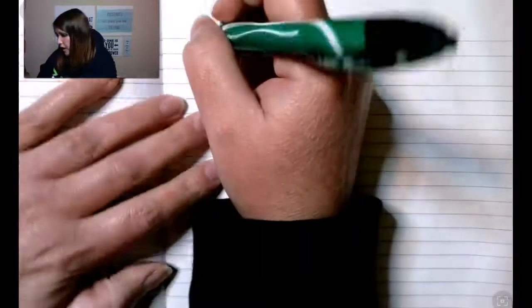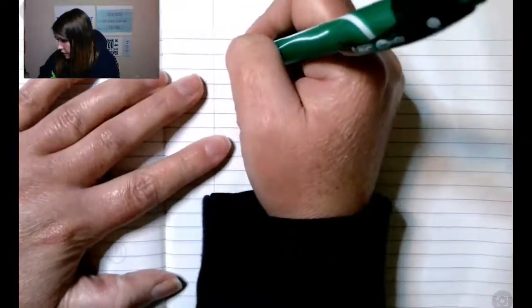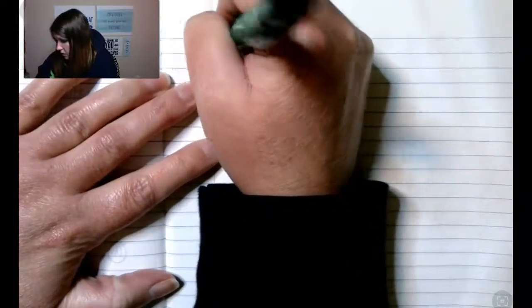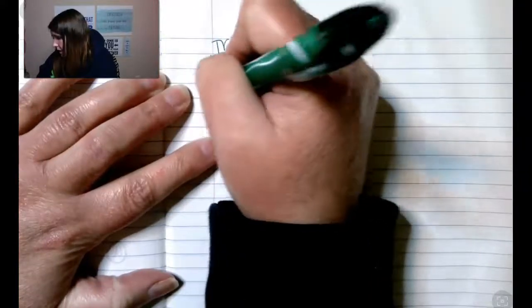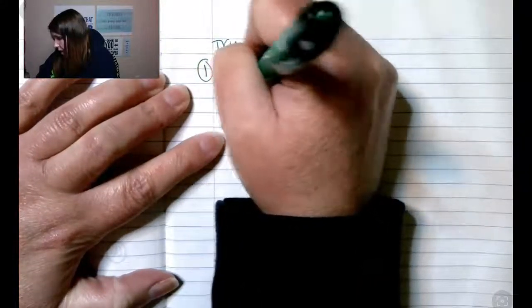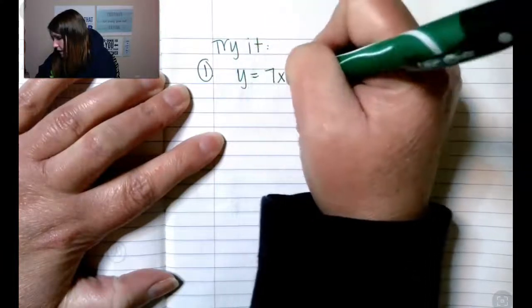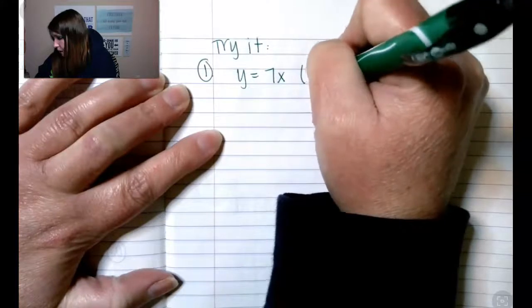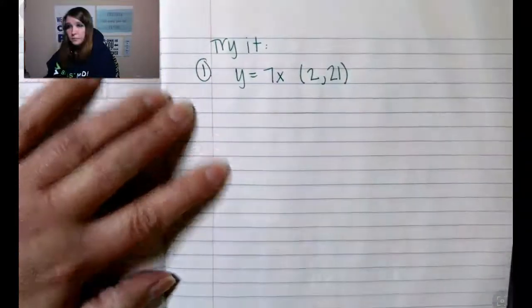All right, your first try-it. Your first try-it is try-it number 1 says to us y equals 7x when x equals 2 and y equals 21.